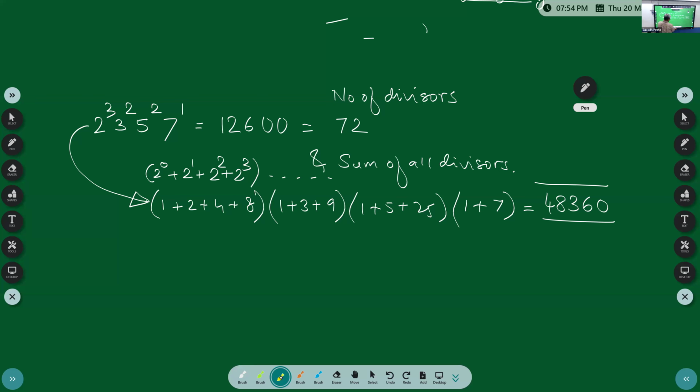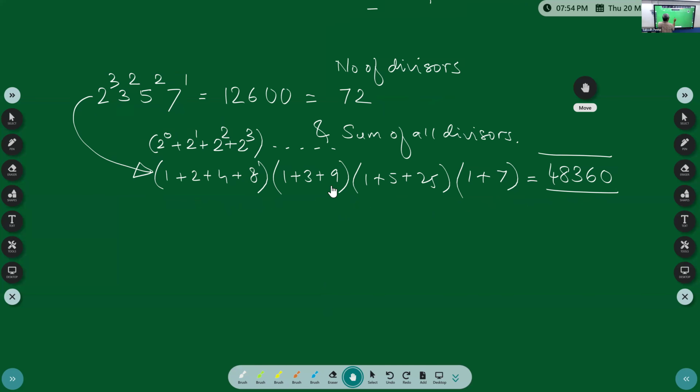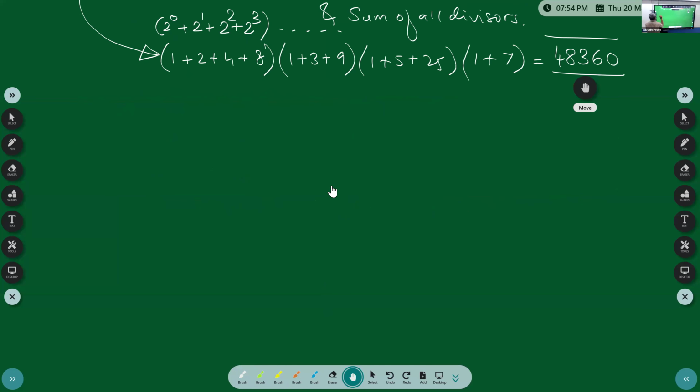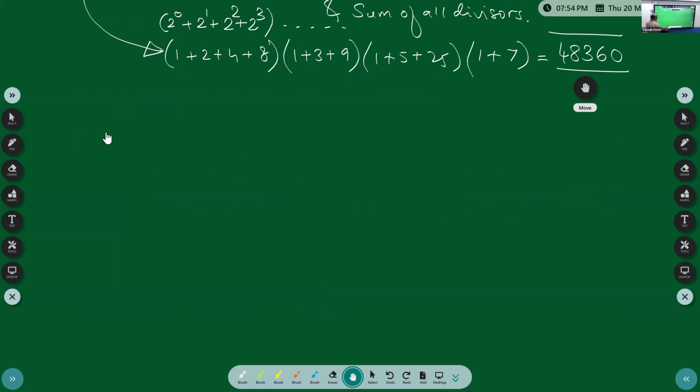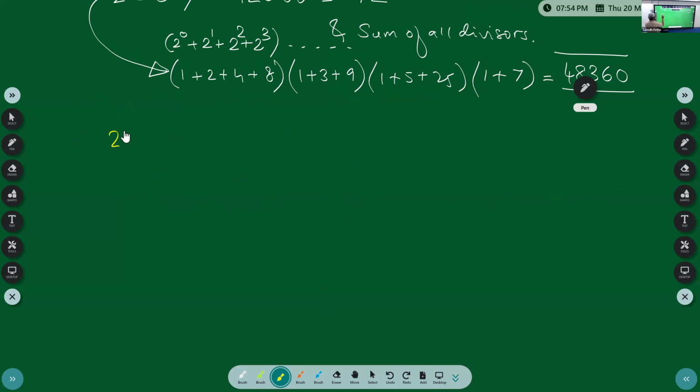Okay, let us leave these divisors and sum of the divisors behind. Just in brief, 2 raised to 3, 3 raised to 4, comma, 2 raised to 2, 3 raised to 5.